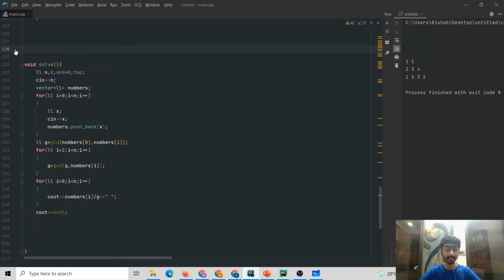As you can see, in the previous solution, I have used the inbuilt GCD function. But now let us write our custom GCD function.